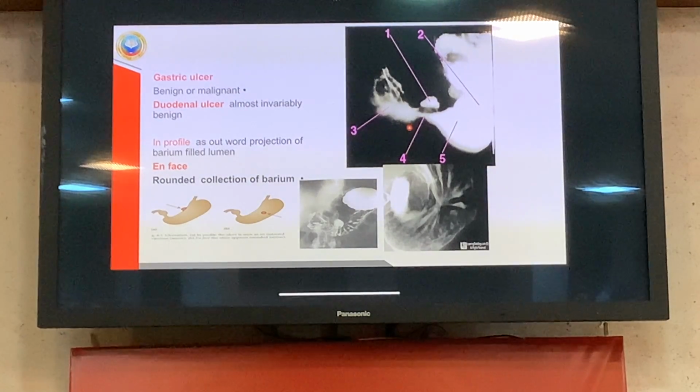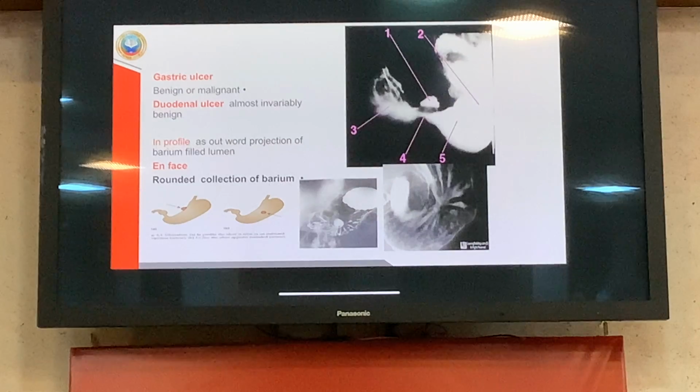Regarding the most common pathology, considered an emergent case, it is peptic ulcer. The gastric ulcer could be benign or malignant, while the duodenal ulcer is almost always benign.